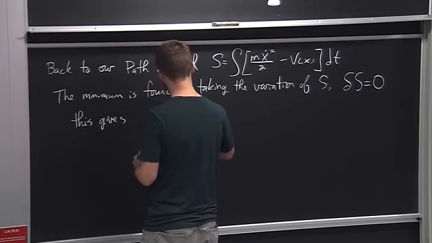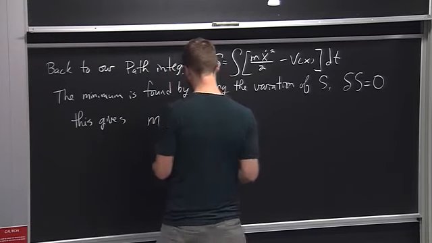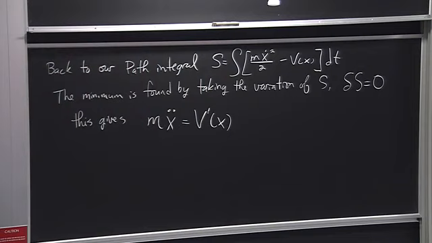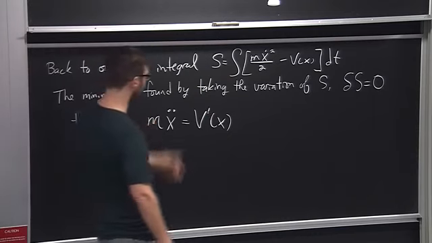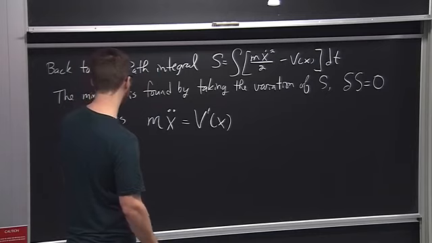We're just rederiving first year physics somehow. So it's MA equal to the derivative of the potential, the way that I've written it.